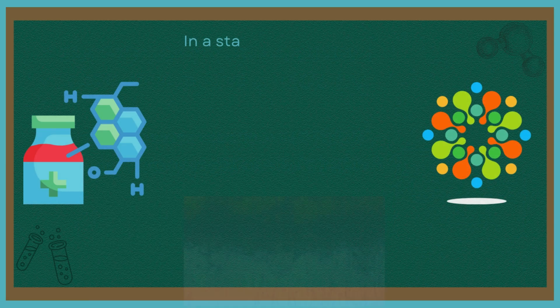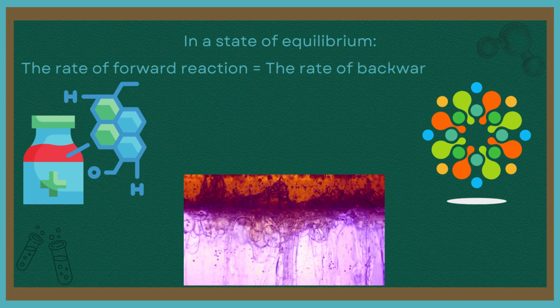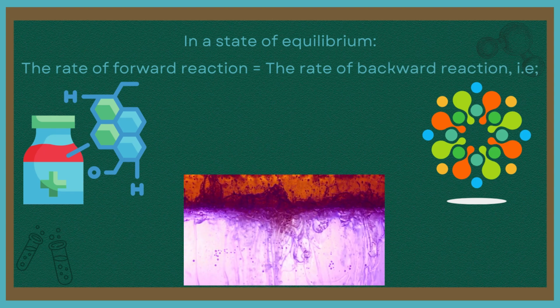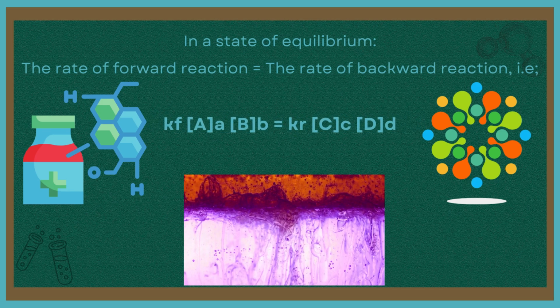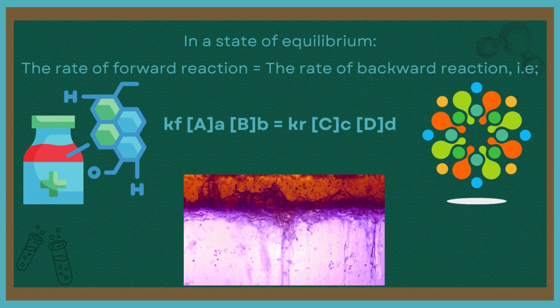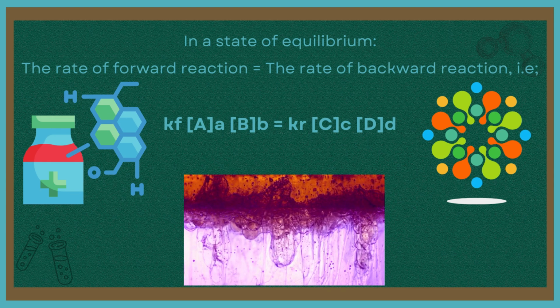In a state of equilibrium, the rate of forward reaction is equal to the rate of backward reaction. That is, the concentrations of the reactants multiplied by Kf is equal to the concentrations of the products multiplied by Kr.